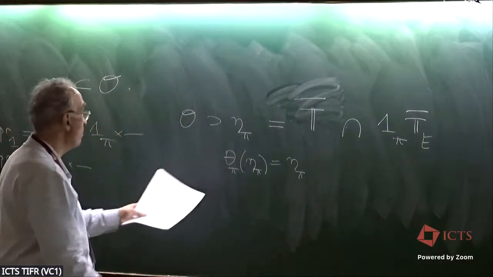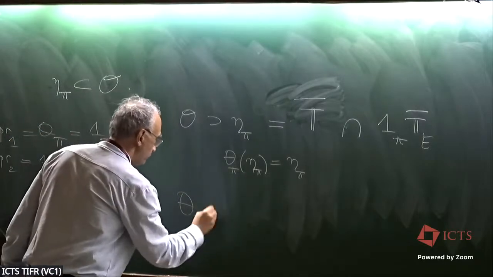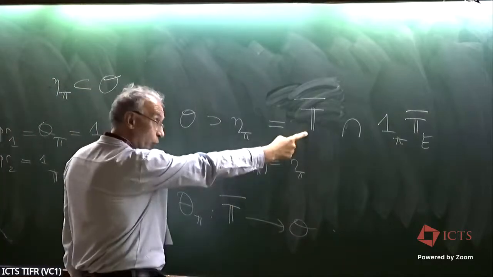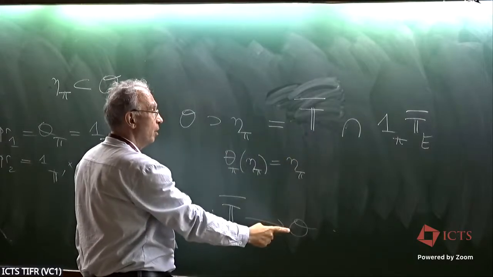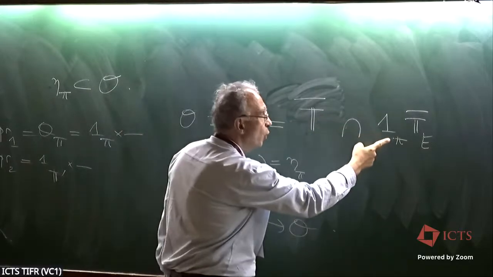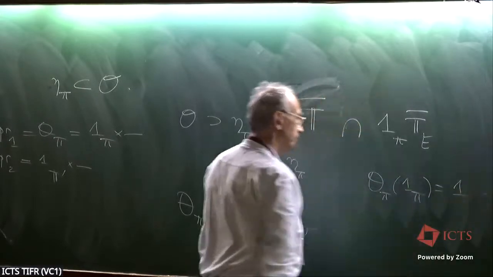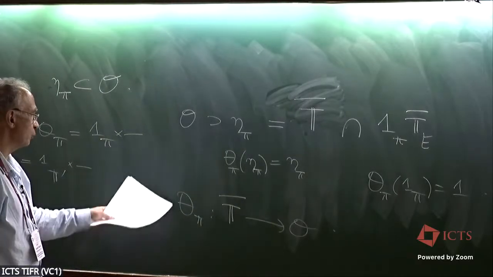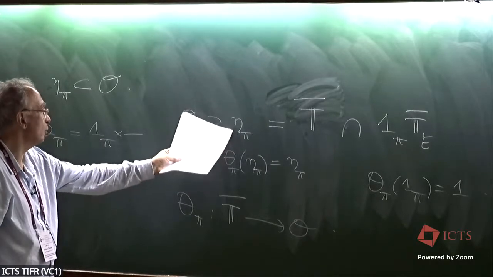And theta pi maps T to O. This element belongs to T bar, so the image is integral. But this element is a 1 pi, and theta pi of 1 pi is 1. So we have this formula. And so we have an ideal, I call it a number in O.